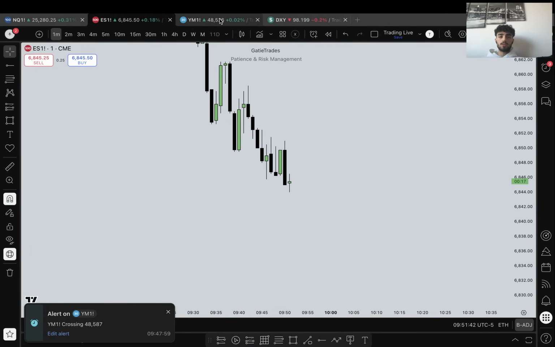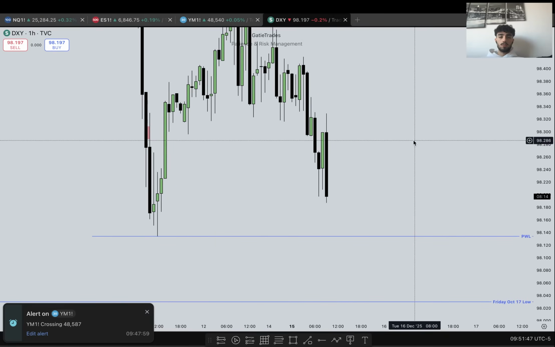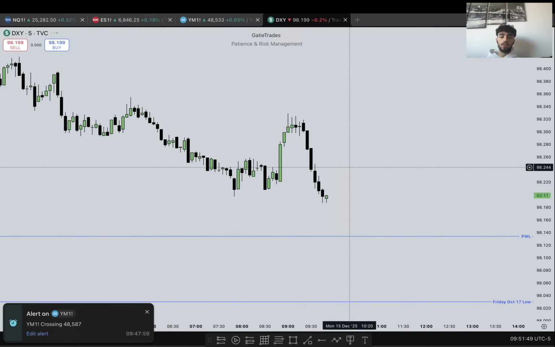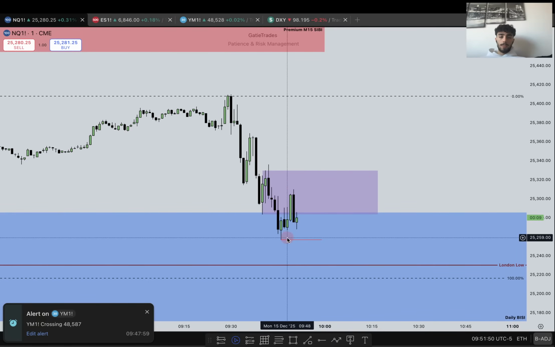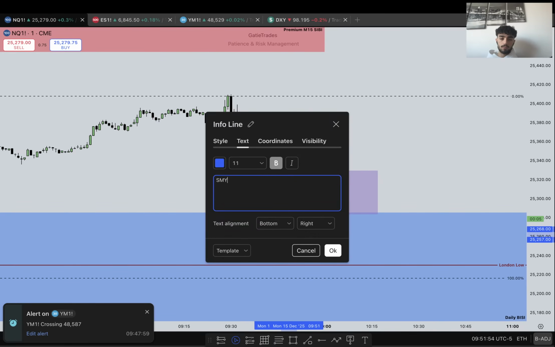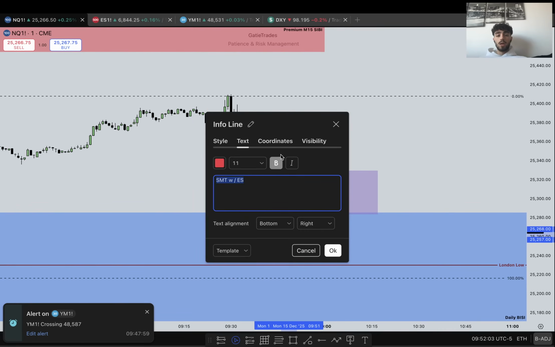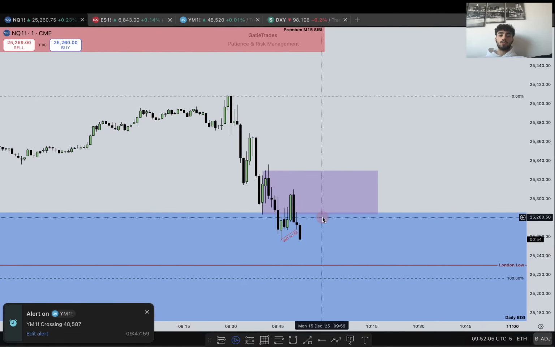SMT with ES. This looks really bearish, man. I'm gonna be honest. Dollar index is so weak, though. There's an SMT here. It's 950 macro. It's not looking like something I'd want to take on my funded, if I'm being honest. We have a really action-packed week as well, guys, so we also don't want to force.